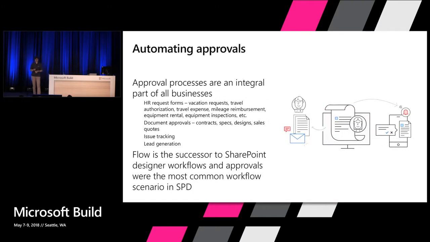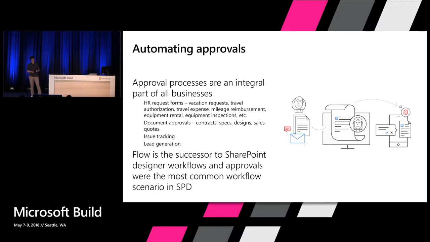Now, the third and final point that I want to mention in this section, approvals, are the way that you can have processes that run across your business and have many different participants in the same process. If you think about HR, for example, HR request forms can span many different people. One of the scenarios that we have inside Microsoft is travel authorization.